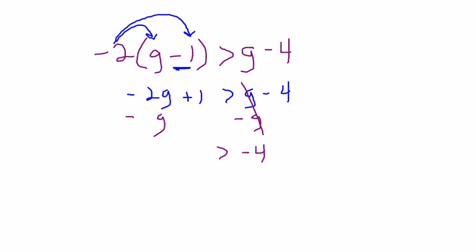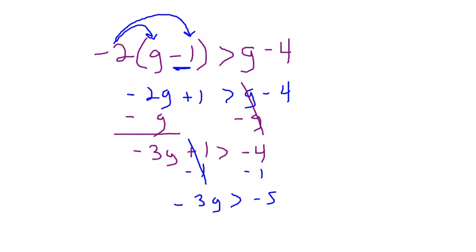And on the left-hand side, negative 2g minus g is negative 3g plus 1. To undo addition of 1, I will take away 1 on each side. And I'm left with negative 3g is greater than negative 4 minus 1, which is negative 5.